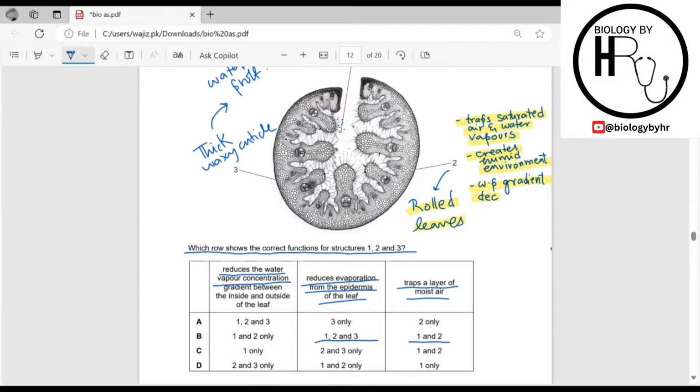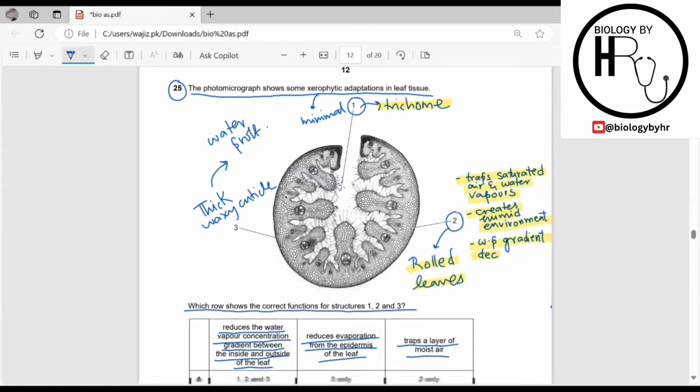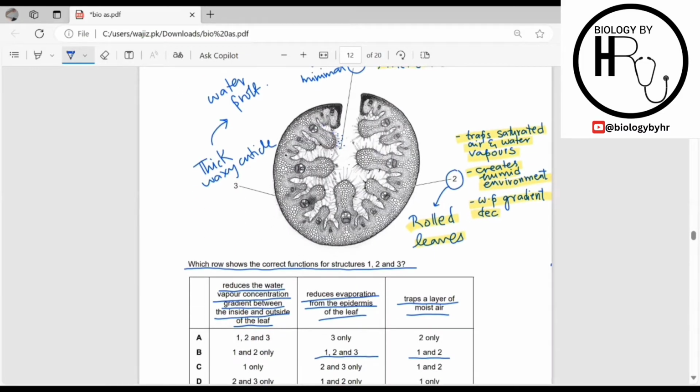Reduces the water vapor concentration gradient between the inside and the outside of the leaf. We have already discussed that structure 1, the trichomes, and structure 2, the rolled leaves, reduce the water vapor concentration gradient between the inside and the outside of the leaf, due to which the rate of transpiration decreases and more water can be saved by the plant. Hence, the answer here is option B.